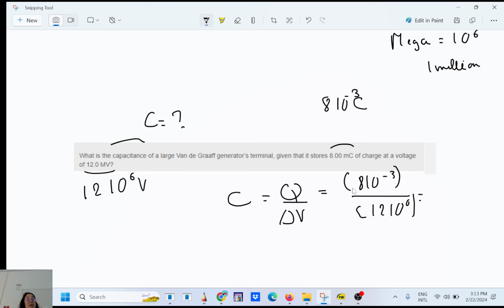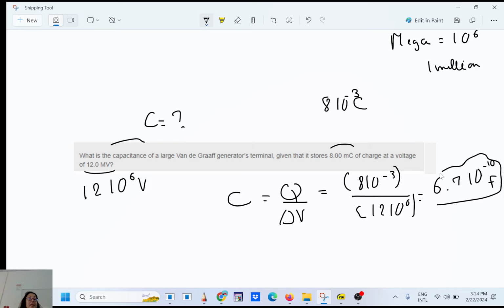Okay, so with your TI, 8 e to the minus 3, close the parenthesis, enter, divided by. All right? Yes? 6.7 times 10 to the negative 10 farad.